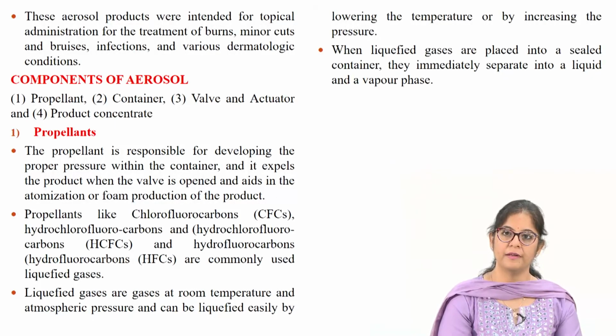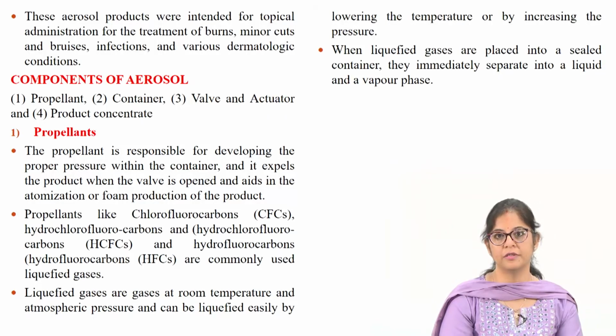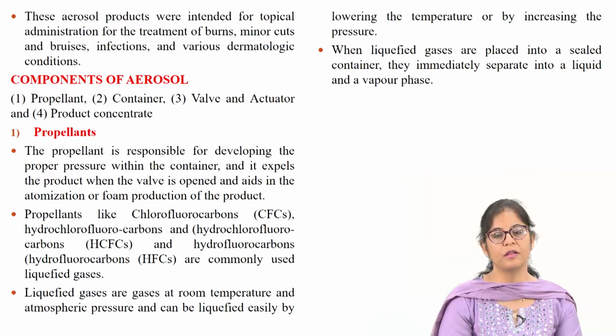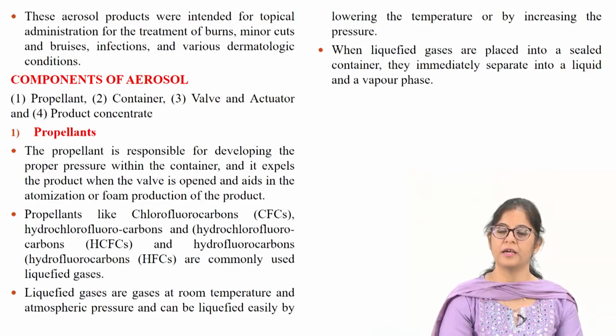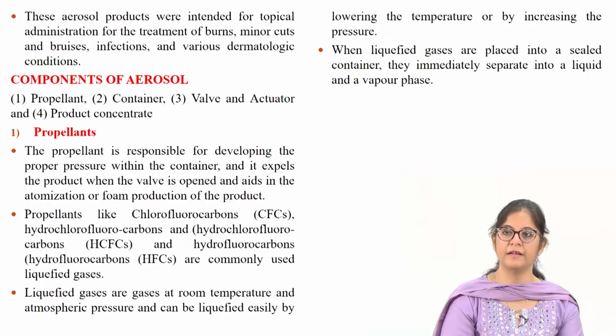The propellants like chlorofluorocarbons, hydrochlorofluorocarbons and the HFCs, HCFCs and CFCs are basically used as the liquefied gases. These liquefied gases are gases at room temperature and atmospheric pressure, and they can be liquefied easily by lowering the temperature or by increasing the pressure.